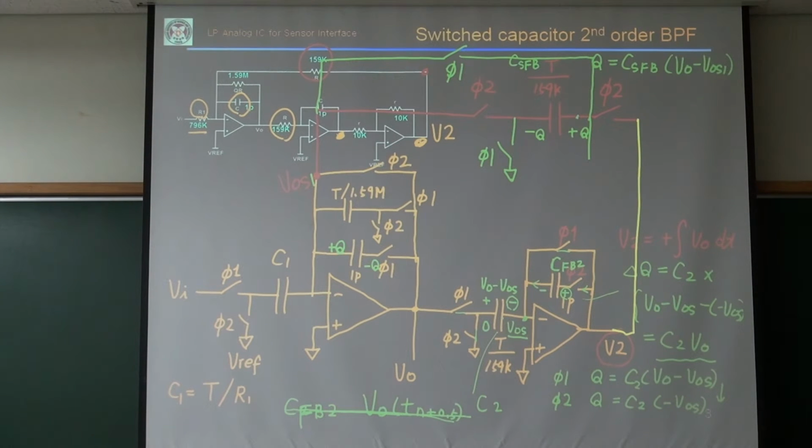So during phi 1 phase, this plus Q charge is transferred to this node, right? Plus Q, and then minus Q will be developed there. Then I can perform inverting integration, okay?